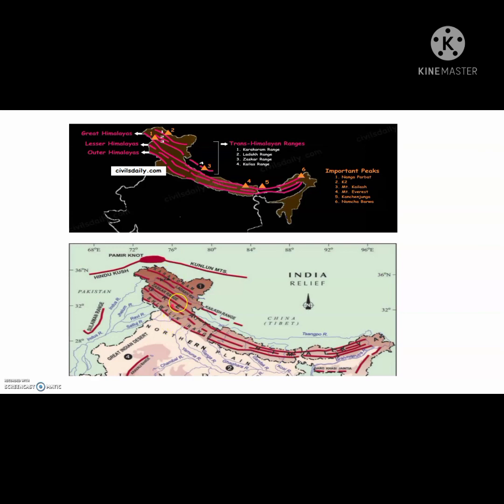The Himalayas' eastern boundary ends at Dihang Valley, also known as Brahmaputra Valley. And the eastern extension of Himalayas covers Meghalaya, Arunachal Pradesh, Nagaland and Mizoram.